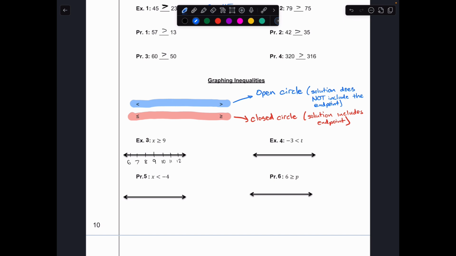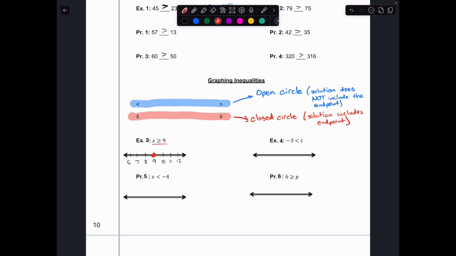So I'll graph it, say in red. We're going to put a point on the 9, and because x could be equal to 9, we're going to fill that circle in, and then we're either going to draw an arrow from that point to the left or to the right, depending on whether it's less than or greater than.